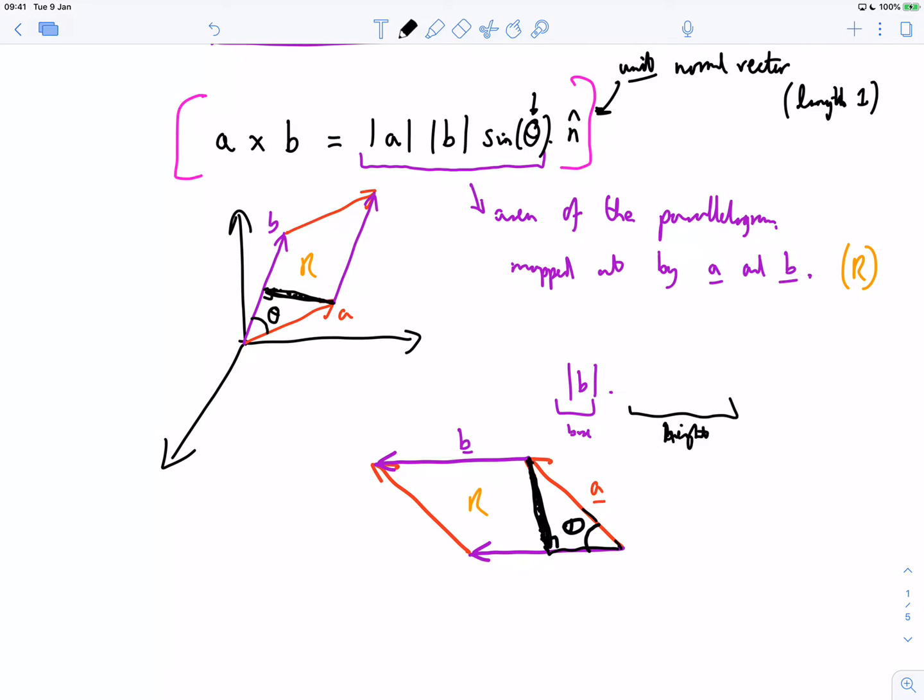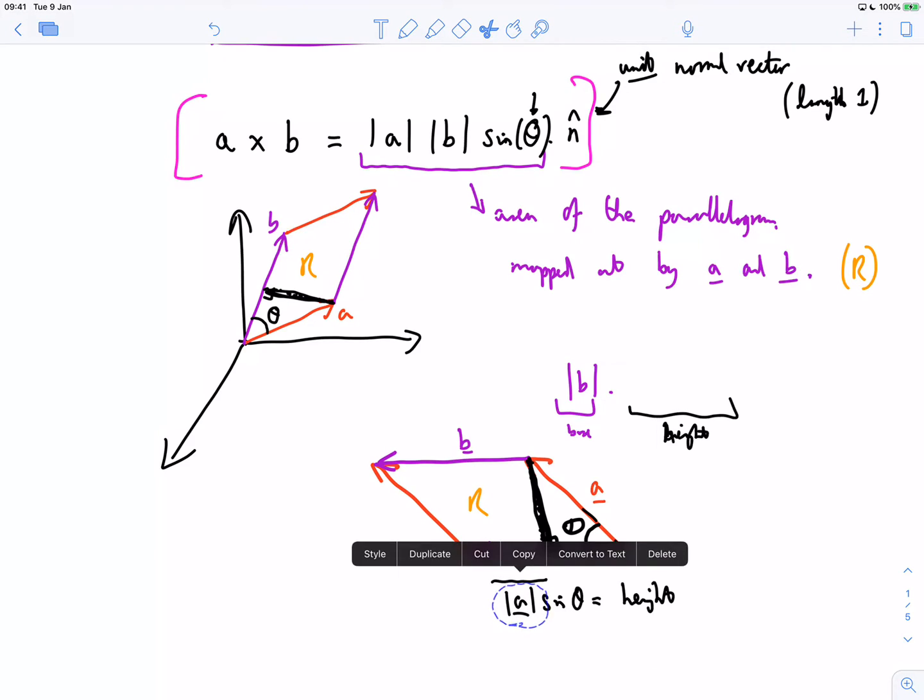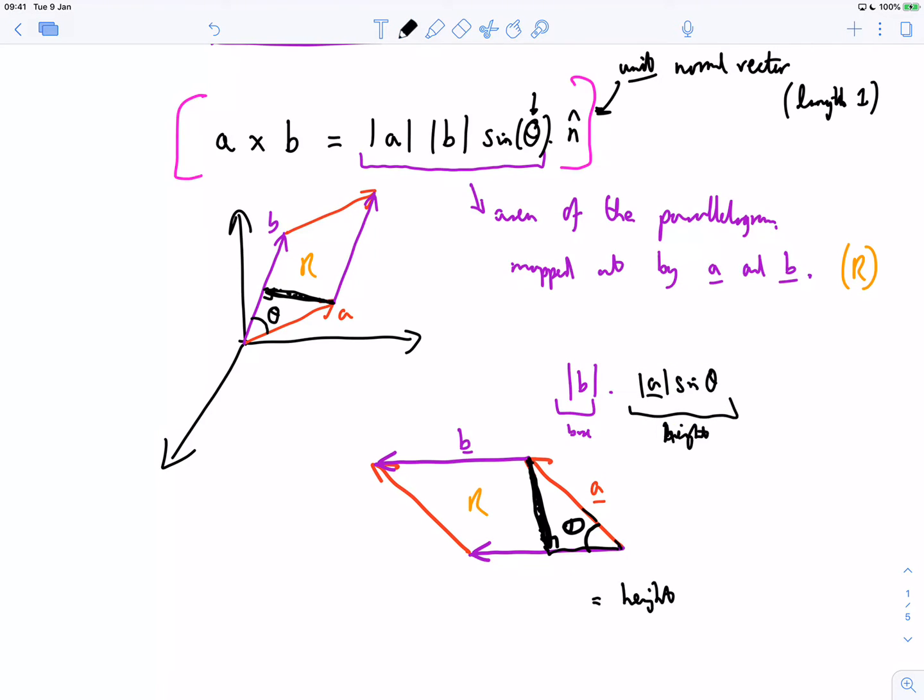So sine of theta equals opposite over hypotenuse, where the opposite is the height and the hypotenuse is the length of the vector A. Then clearly, if I multiply by the length of A, I get the height is sine of theta times the mod of A, and then I'll put that over to here. Then hopefully you can spot that these two things are the same as this over here. So at least that's checked that bit correctly.